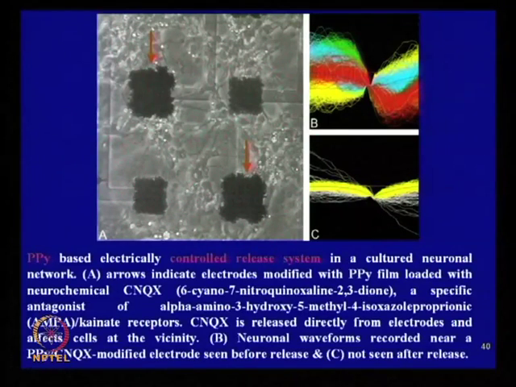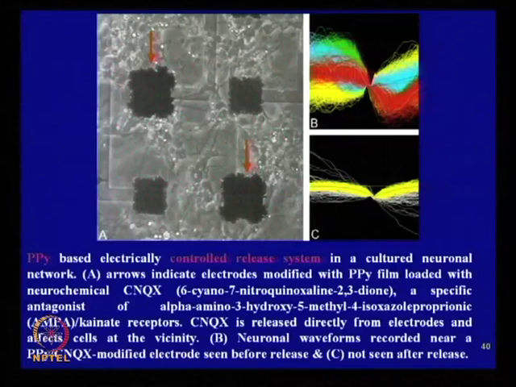Now, here you see this, okay, if you feel comfortable you can look at the screen behind. You see this is a polypyrrole based electrically controlled release system. This is the drug loaded system in a cultured neuronal network. Now, these red arrows indicate electrodes.